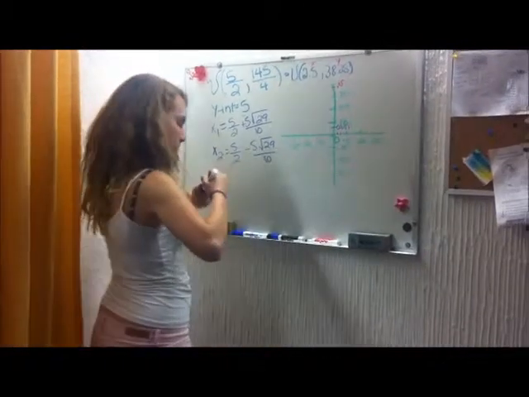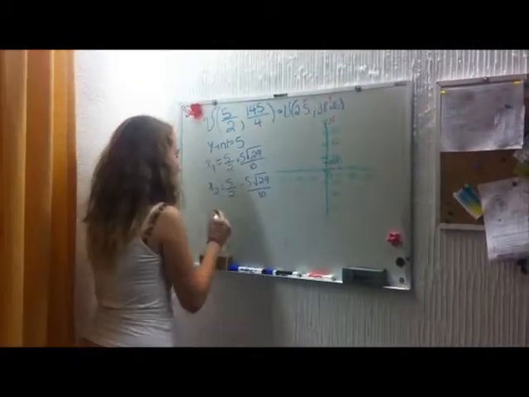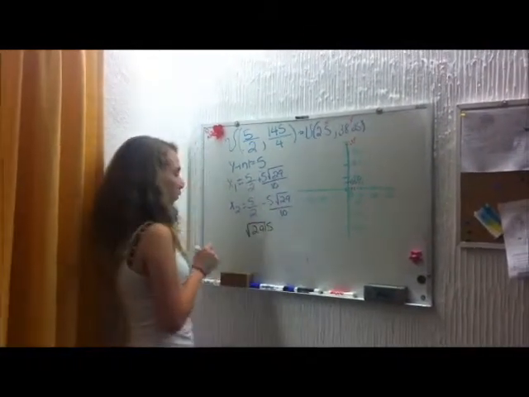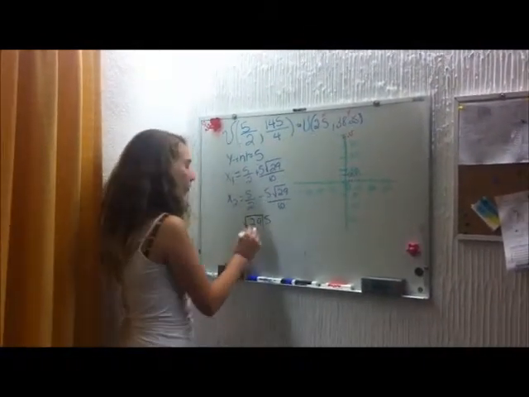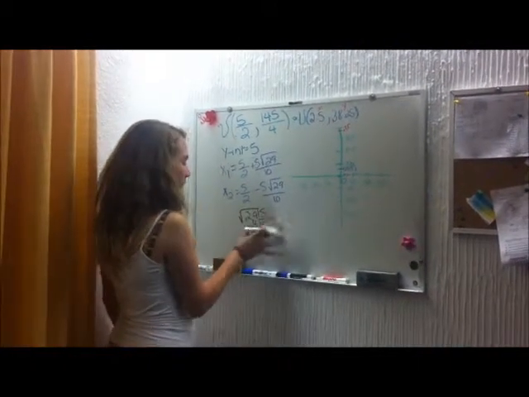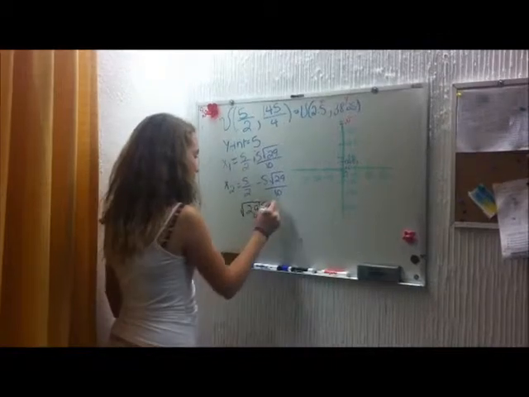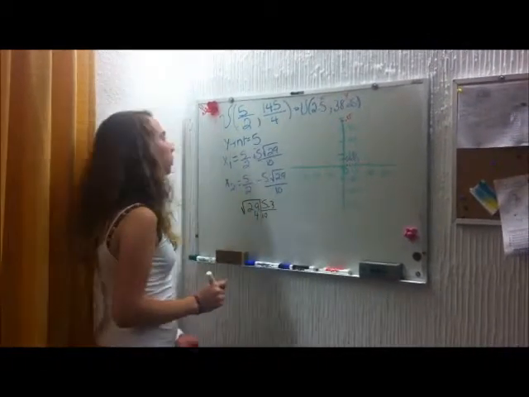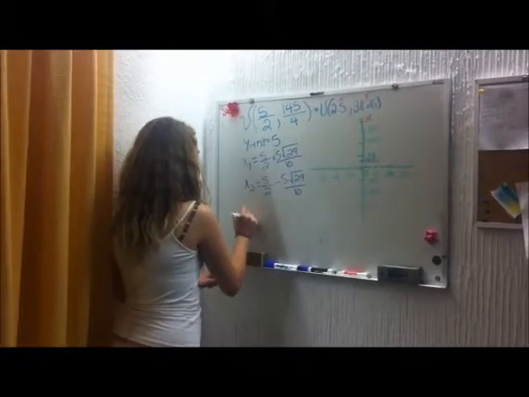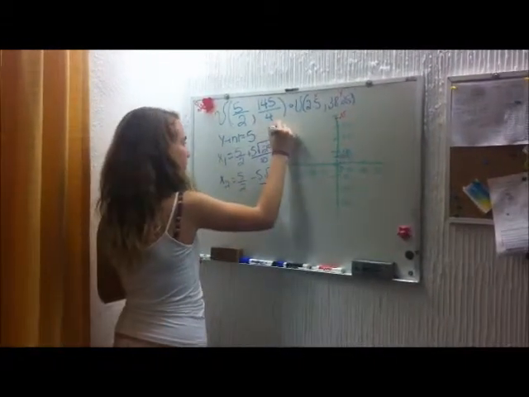And the next thing we have to do is to find our x-intercepts. First, we have the square root of 725. 5 times 5 is 25, 29 is 4. Something like this is 5.3, I guess. So we have that square root is 5.